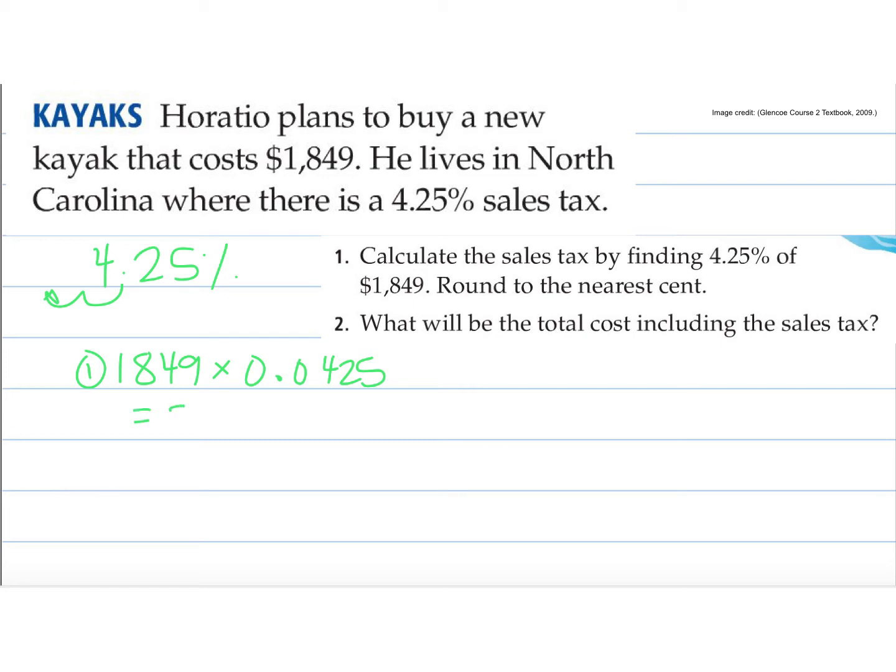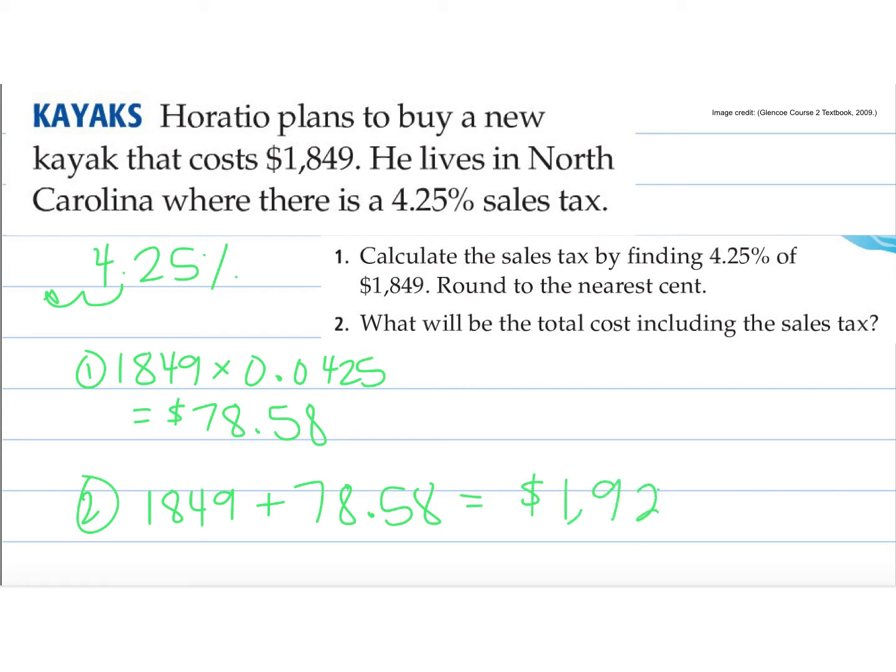So he's going to pay, I got $78.58 for taxes. And then question 2, what's the total cost? So now we're going to add that on to the original price of the kayak, $1,849, for a total of $1,927.58.